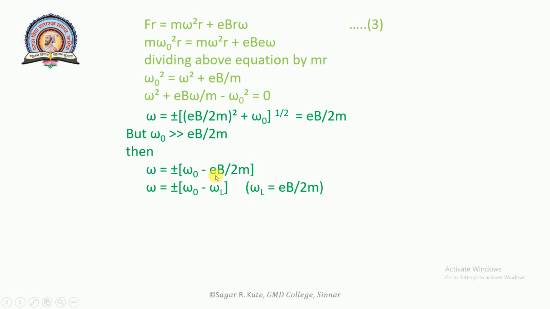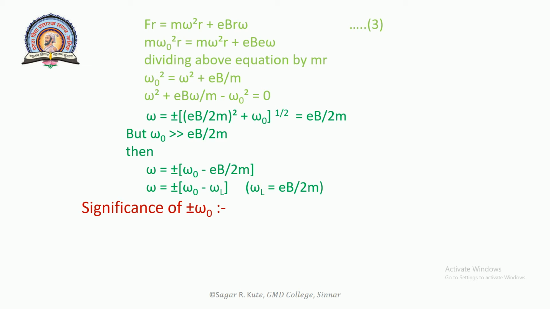Now, the significance of plus minus omega 0 is that those electrons whose orbital movement is parallel to the magnetic field slow down by omega L. Those electrons whose orbital movement is anti-parallel to the magnetic field speed up by omega L.